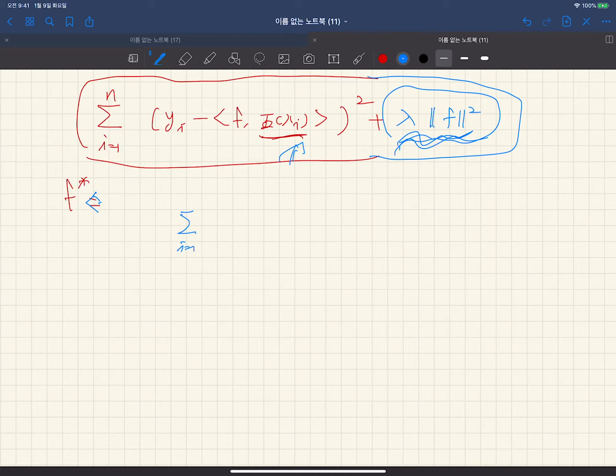Summing over i from 1 through n, minus φ(xi) times (yi minus the inner product of f and φ(xi)), plus 2 lambda f, equal to 0.